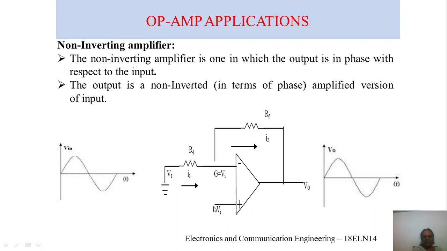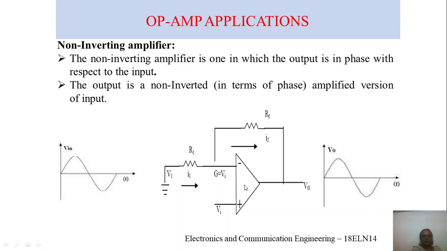Here, Vin is applied to the plus input terminal, that is, the non-inverting terminal, which means that the output gain of the amplifier becomes positive in value, in contrast to the inverting amplifier circuit. We just saw in the last discussion that the inverting amplifier's output gain is negative in value.